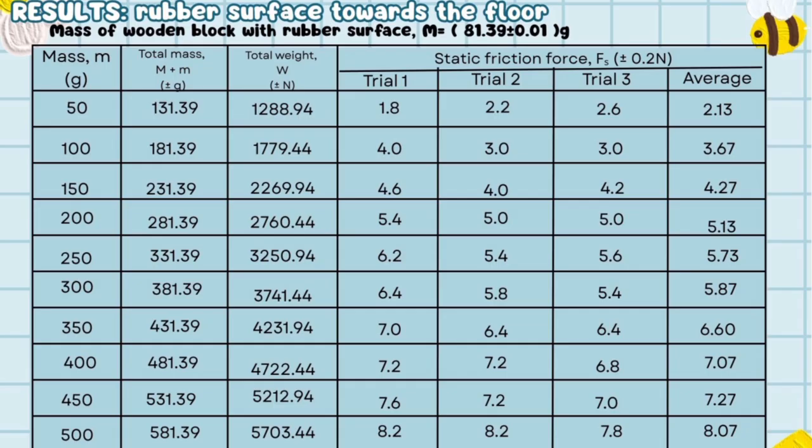So the first one is 131.39, 181.39, 231.39, 281.39, 331.39, 381.39, 431.39, 481.39, 531.39, 581.39.